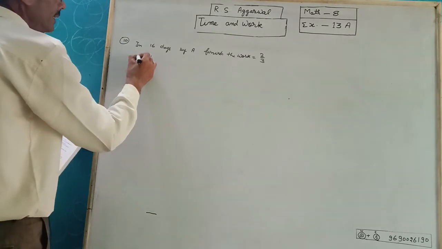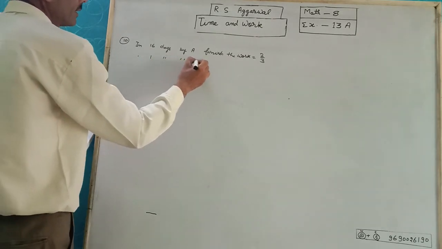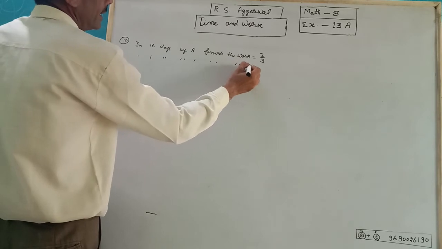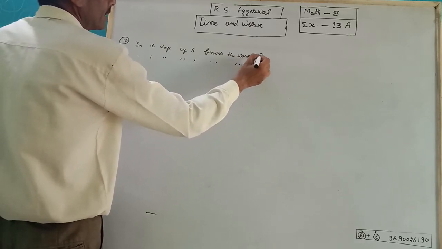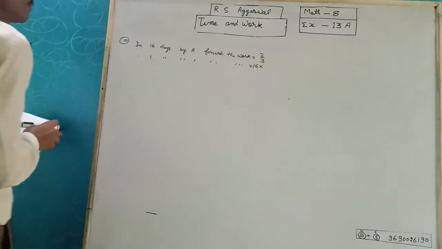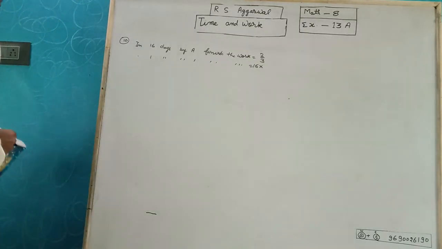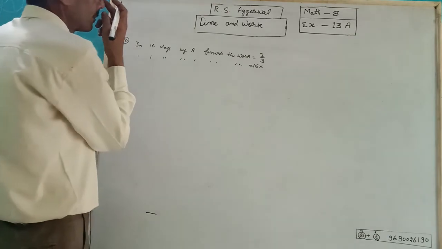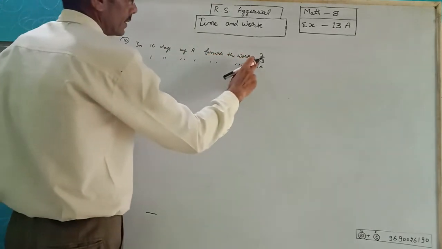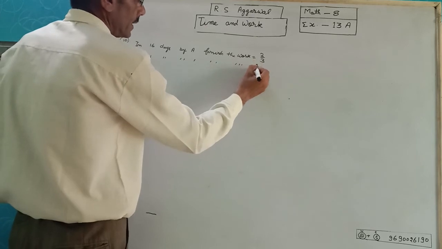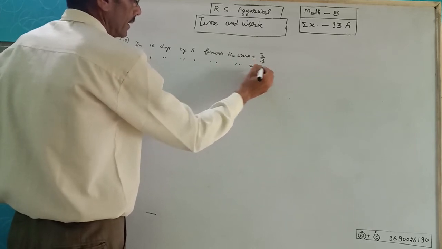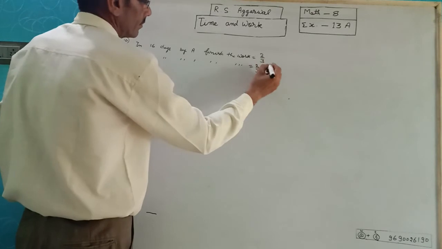We find the 1 day work by A: 2/3 divided by 16.